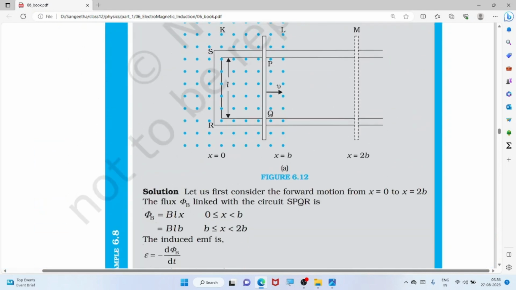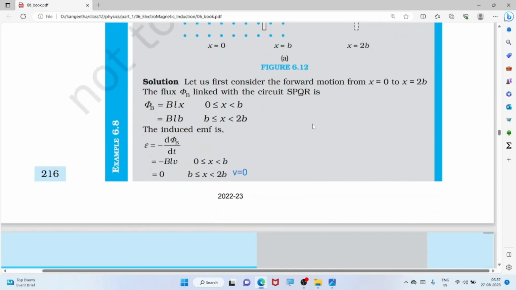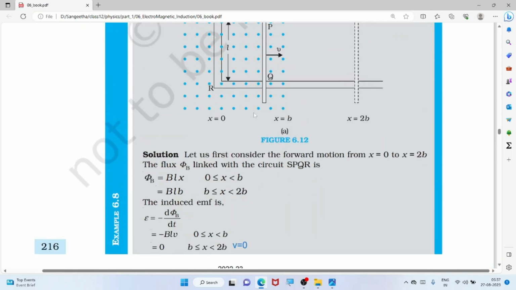Here you see up to this point there is a magnetic field, but in this region there is no magnetic field. Up to this point the flux will increase, and after that, when we move in this region, it will be constant because there is no magnetic flux here. The flux changes only from 0 to B, after that it will be constant.